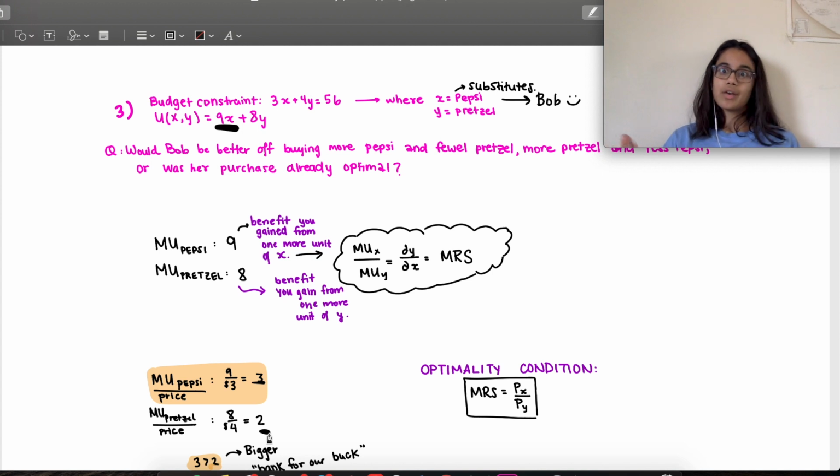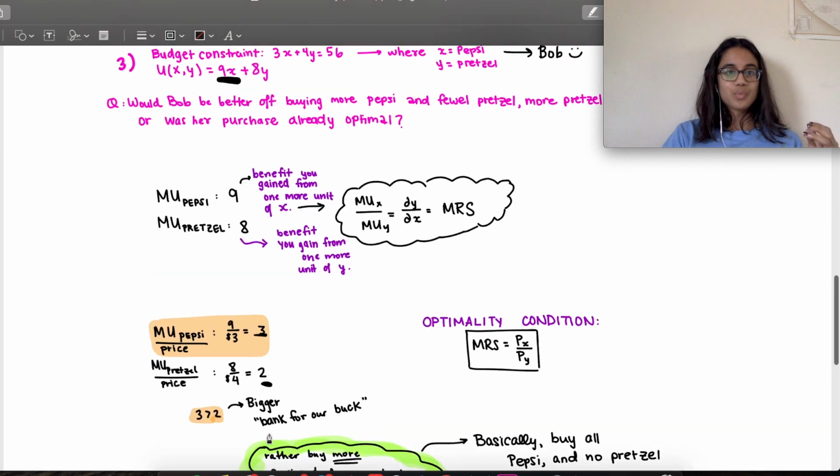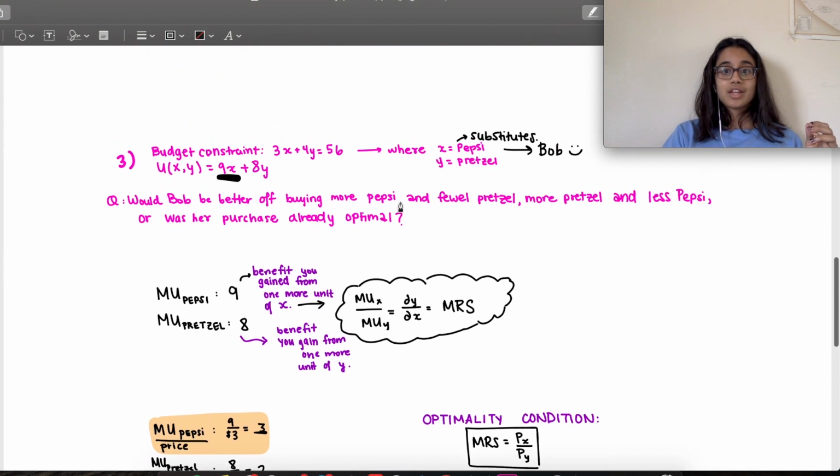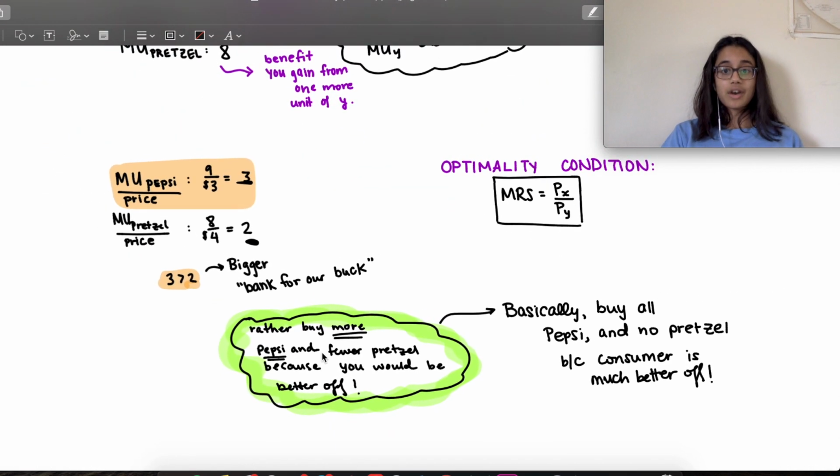Now we're comparing 3 versus 2. I'm getting more benefit from the price from Pepsi, so might as well just keep consuming Pepsi. That is why Bob would be better off consuming more Pepsi and fewer pretzels. That is what our answer would be.